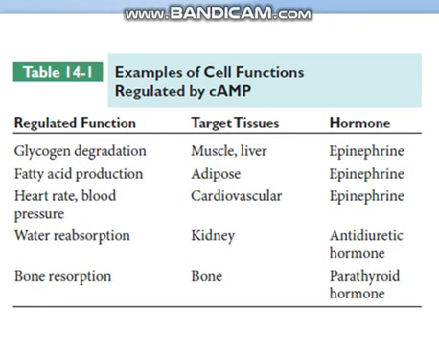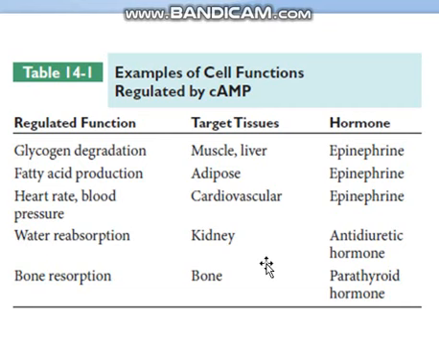So these are examples of the cell functions regulated by the cyclic AMP. Here are the functions: glycogen degradation in the muscles, fatty acid production, heart rate, blood pressure, water reabsorption. These functions are controlled by the cyclic AMP through their target tissues. The target tissues are muscles, adipose tissues, kidney, bone, and every target tissue has a different function and a different hormone involved, right?